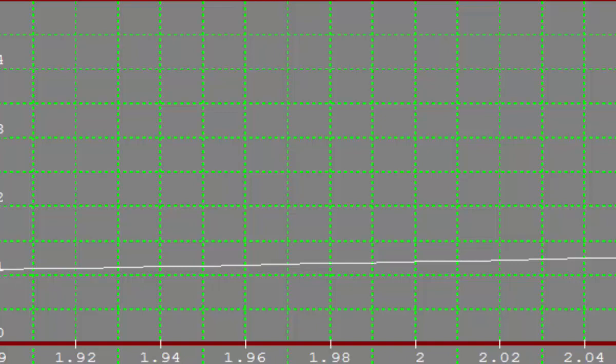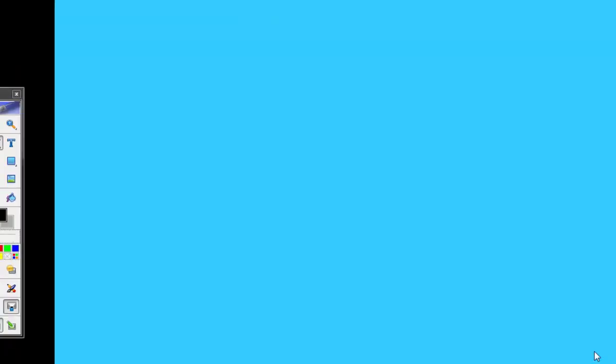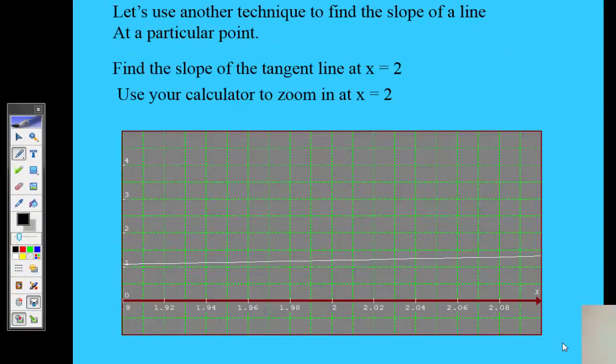So if we chose a point on each side of 2 and plugged it into our slope calculation, that would be a very good representation of the slope of the tangent line. So let's take a look at that. I didn't have that calculation down, so let's see if we can do that.